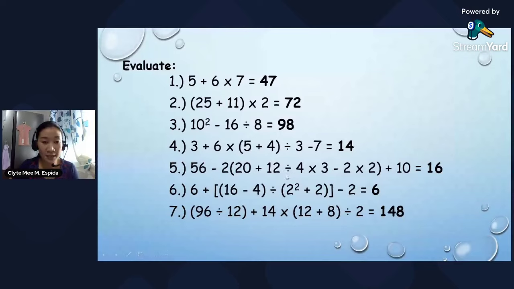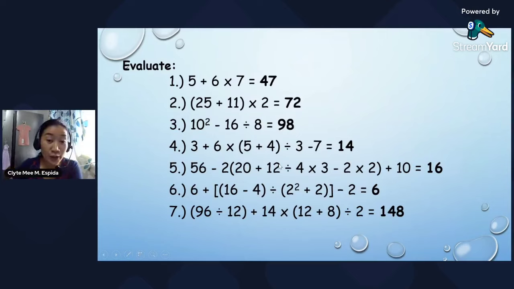So mauuna pa rin si division dito. So 12 divide 4 is 3. Then 3 times 3, that's 9. Next, we have here 2 times 2, that's 4.